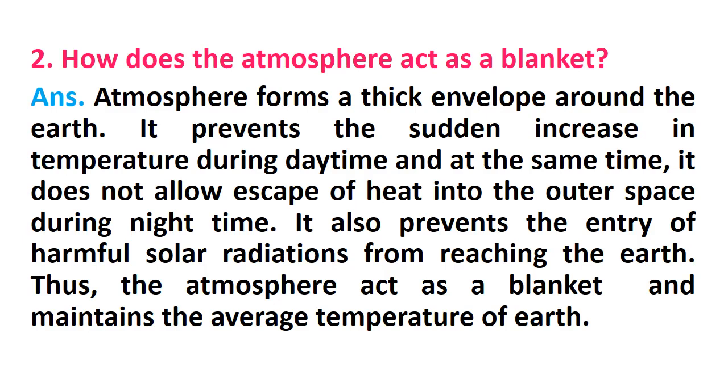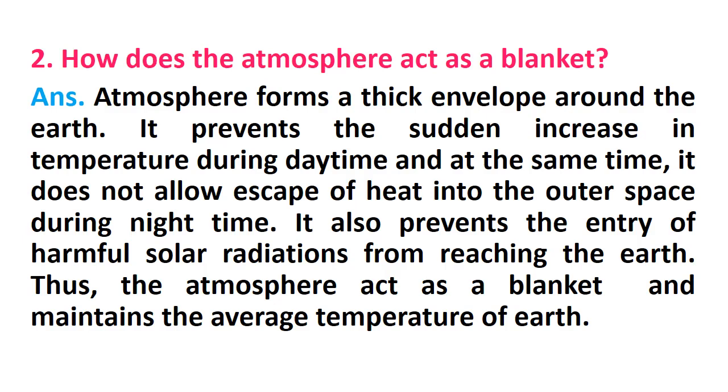Question number 2 was, how does the atmosphere act as a blanket? Answer. Atmosphere forms a thick envelope around the earth. You know that the layer of air that surrounds the earth is called the atmosphere. So it is actually forming a thick envelope around the earth, and it prevents the sudden increase in temperature during the daytime, and at the same time it does not allow escape of heat into the outer space during night time.